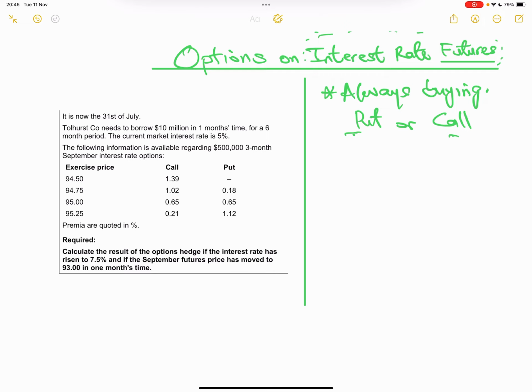Beyond that, you need to also know that the outcome is similar to the future, which means the three things we always talk about will still be relevant here. Your initial futures, if you decide to exercise. Remember, that is if you decide to exercise. So you're going to have the initial futures that you're buying, and you're going to close the futures by doing the opposite.